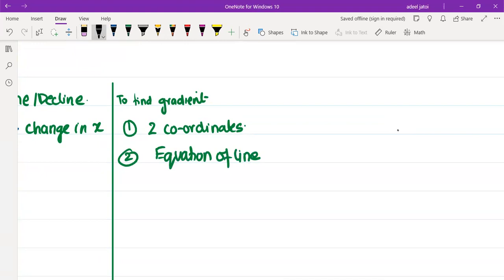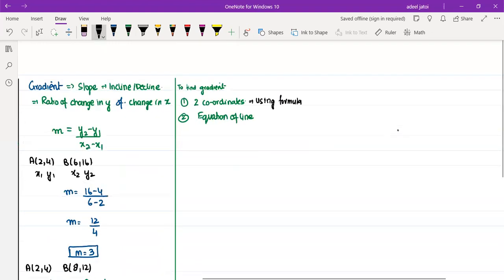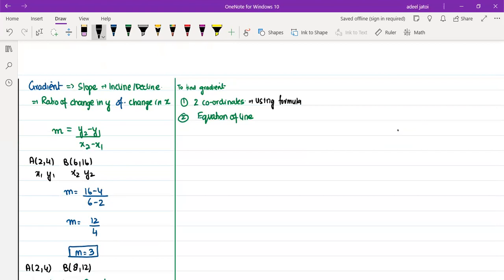So when two coordinates are there, you will be using the formula of y2 minus y1 upon x2 minus x1. When the equation of line is given, then obviously we can also find out your gradient. How are we going to find out gradient? To find out that, we need to know how to calculate the equation of line.